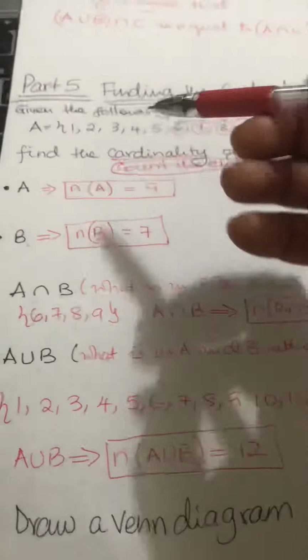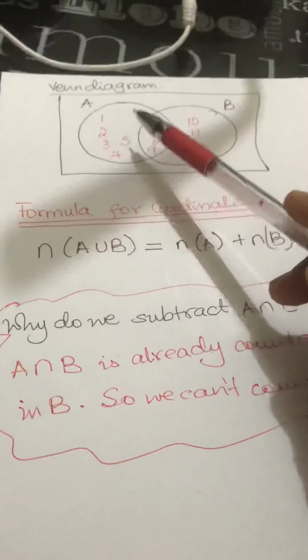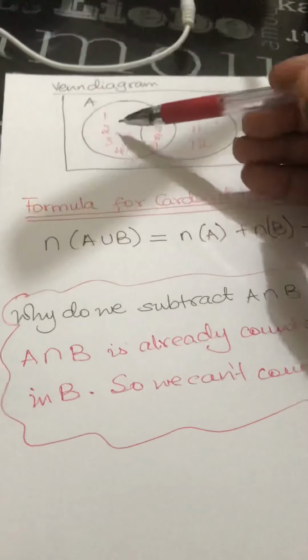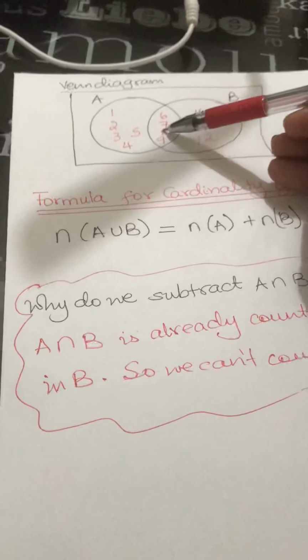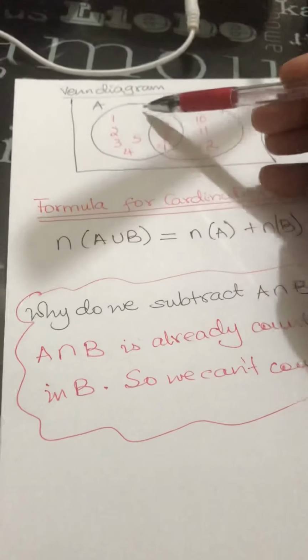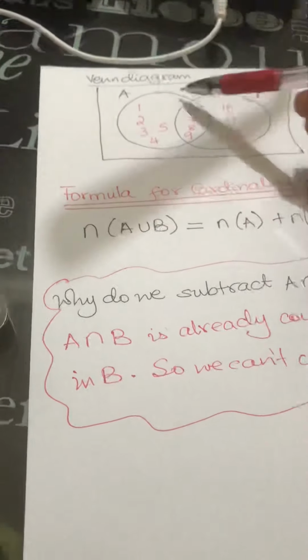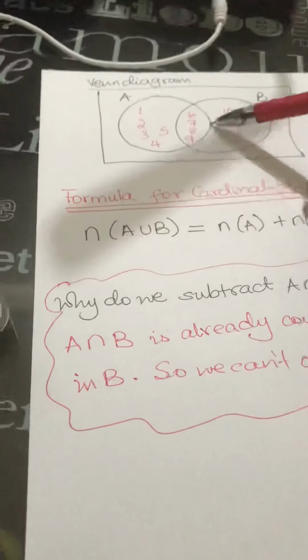Okay? So you know how to find the cardinality by using the set and by drawing. So if I was given the Venn diagram, A only, I count 1, 2, 3, 4, 5, 6, 7, 8, 9. Cardinality for A is the whole circle of A, which I have 9 elements.